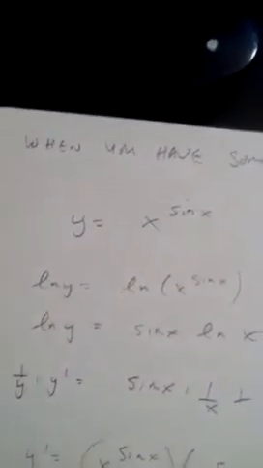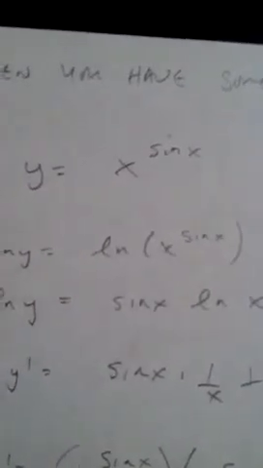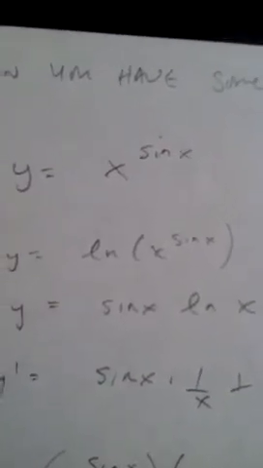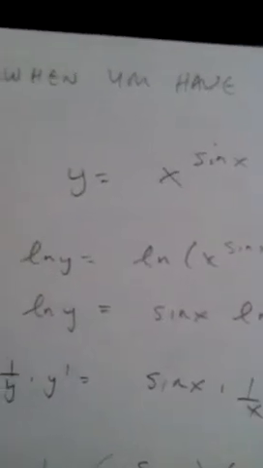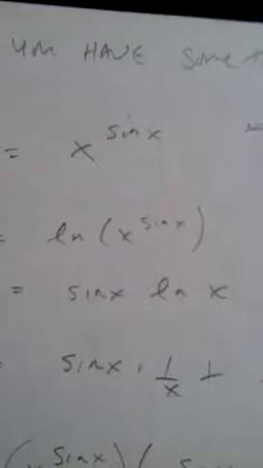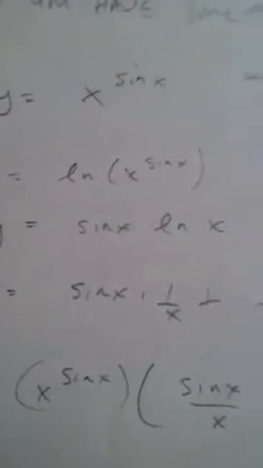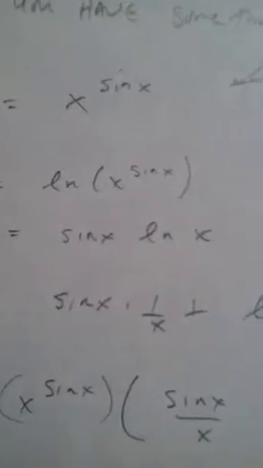What a mouthful. So, I think this is where the confusion was, and I maybe made a wrong statement. When you must use logarithmic differentiation is when you have something like this, y equals x to the sine x. I don't have a constant raised to x. So here I do ln of y equals ln of x to the sine x, which equals sine x times ln of x.